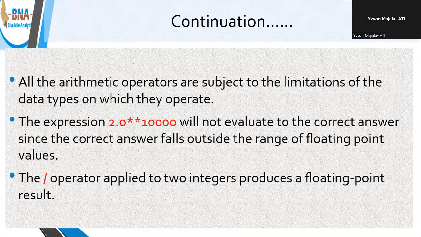So that shows the operators are subject to the data types of the numbers on which they operate. For example, the expression 2.0 power 10,000 will not evaluate to the correct answer, since the correct answer falls outside the range of floating point values. It will give you an answer, but the answer will fall outside the range of floating point values.